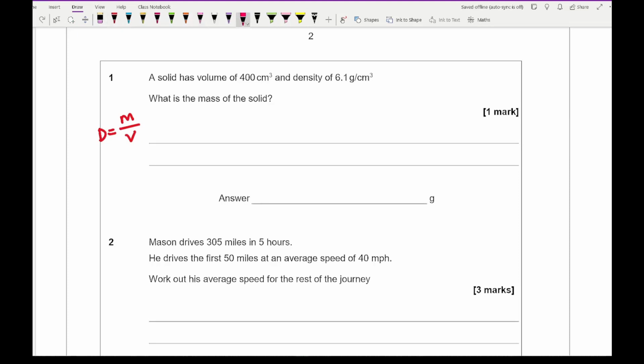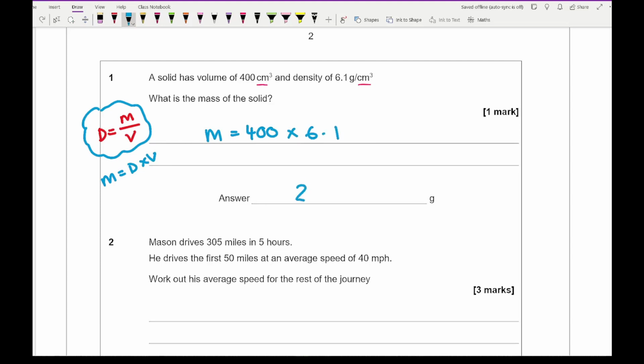Here the volume is in centimeters cubed, and the density is also per centimeter cubed, so that's absolutely fine. So I just need to rearrange the formula for density for mass. So mass equals density times volume. So the mass is going to be 400 multiplied by 6.1, which gives me an answer of 2440.